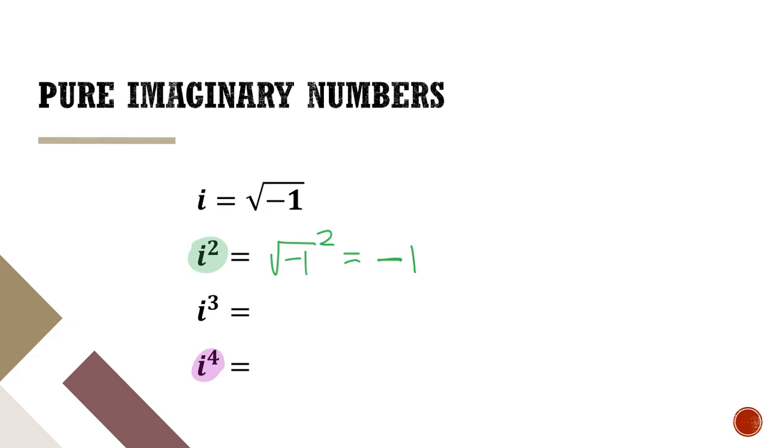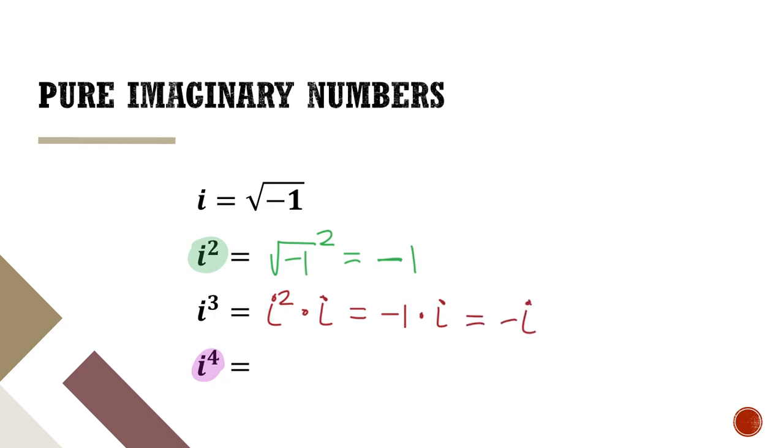Now, if I think about the next one, i to the third, we can think about properties of exponents. This is i squared times i to the first power, because we add 2 plus 1, which is third, which if you think about it is -1 times i, or in fact -i.